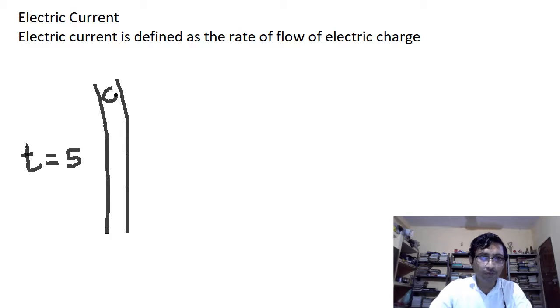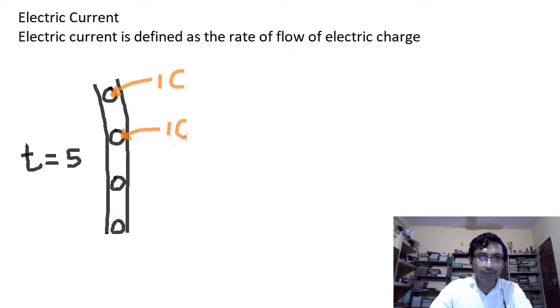Suppose this is one charge, this is another charge, this is the third one, and the fourth one. Now let us assume, for the sake of simplicity, that all these charges have the same magnitude, each having 1 coulomb contained in it. So all these charges are of 1 coulomb each.